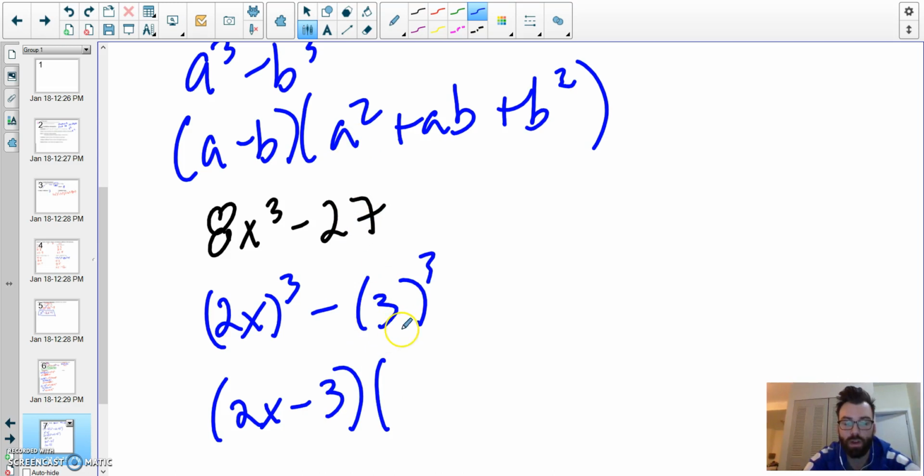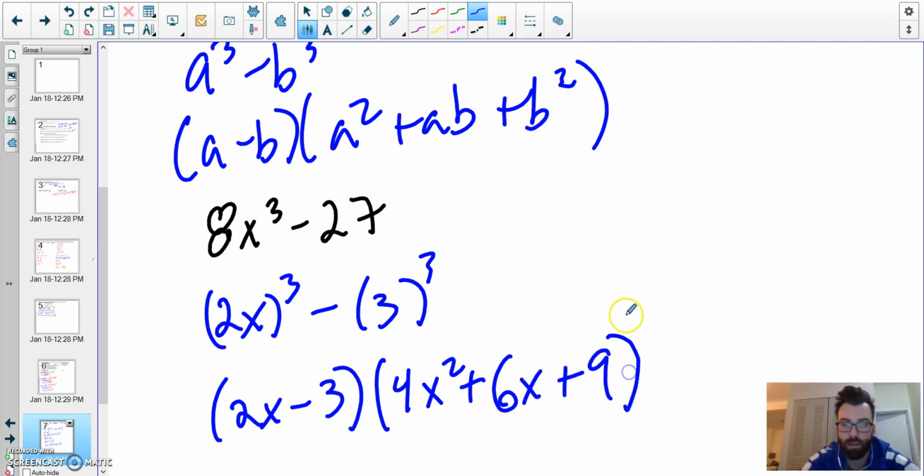So then I want to square my a term, which means I have to square the 2 and square the x. Always positive, or opposite sign. A times b, 3 times 2x, which gives me 6x, don't forget the x, plus, always positive, b squared, which is 9.